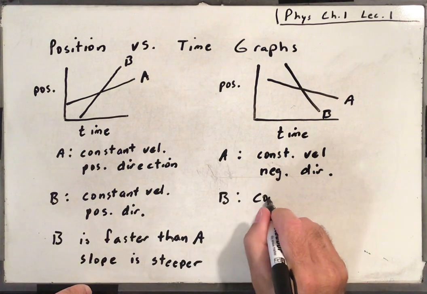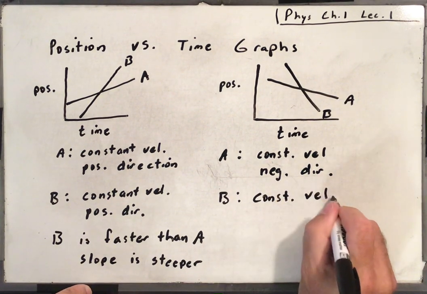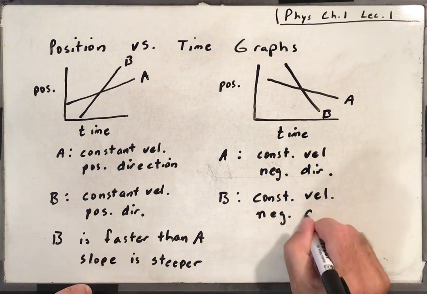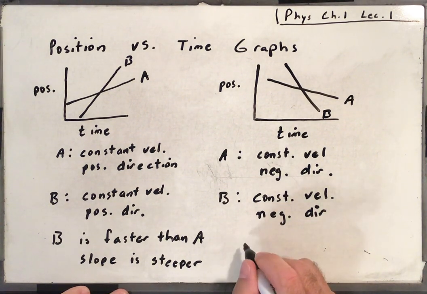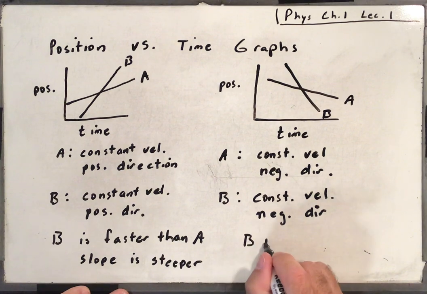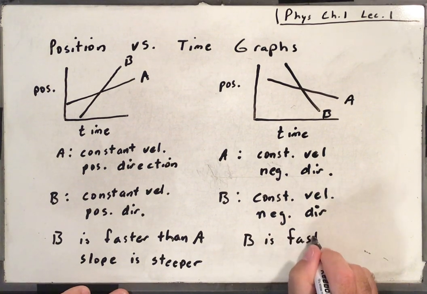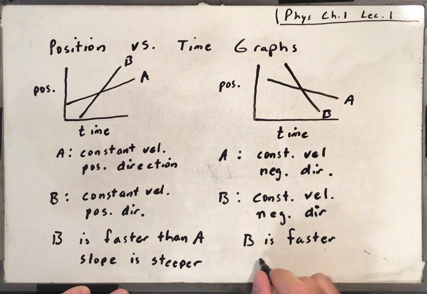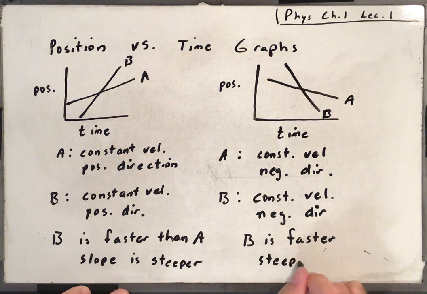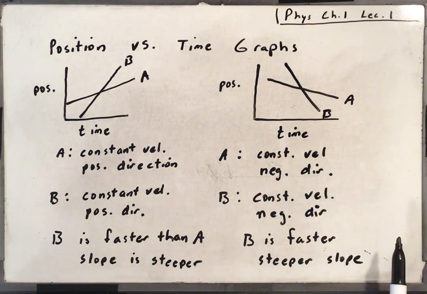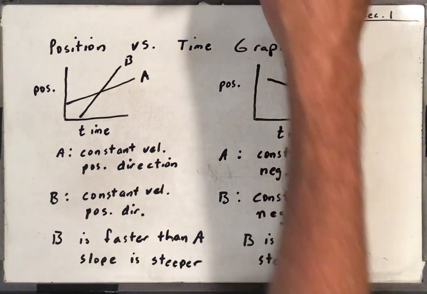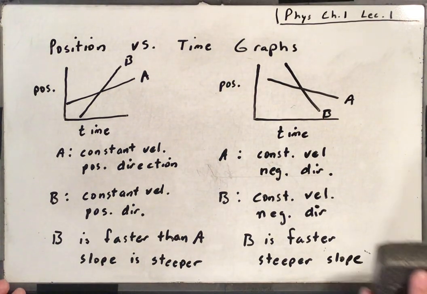B, also constant velocity, negative direction. Which one do you think is going faster? All right, I'll let you answer that. All right, the answer is B, because it's going in the negative direction, but it has a steeper slope. So the rate of change is greater. A slope is just a rate of change, and the rate of change is greater in B than A. Okay, let's draw a couple that have curves.